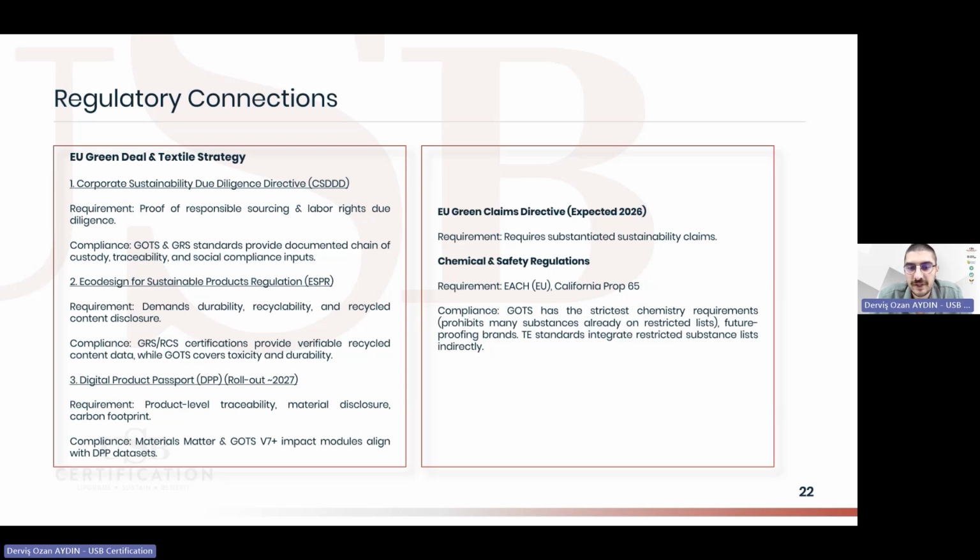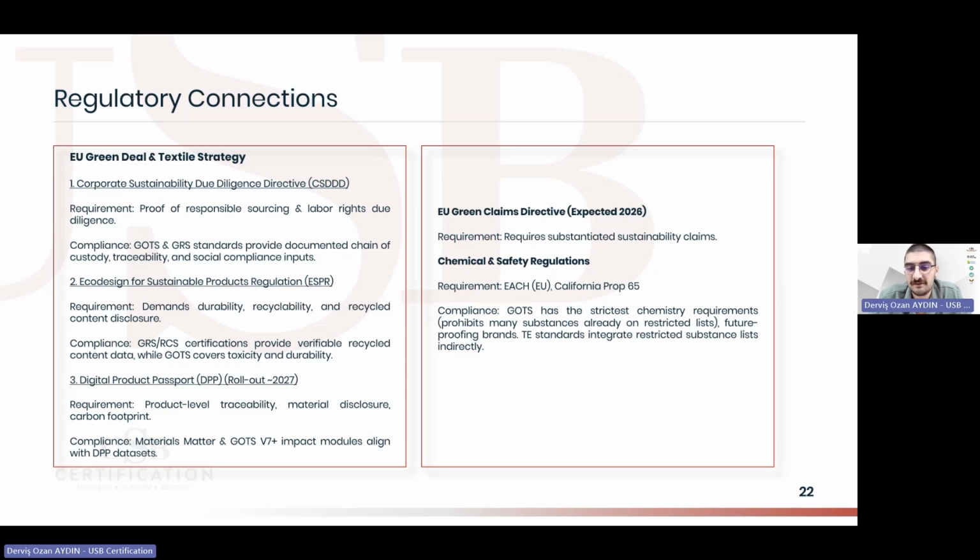About the EU Green Claims Directive, which is expected to be issued in 2026, the requirement is substantiated sustainability claims, which is complete under GOTS and Textile Exchange programs. For chemical and safety regulations, the requirements are REACH and California Prop 65.